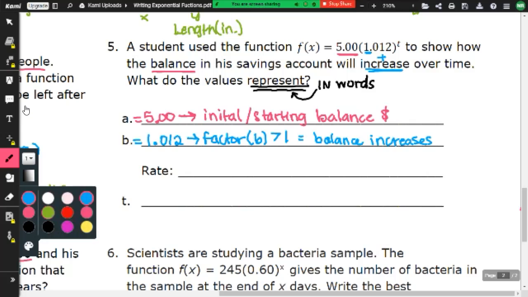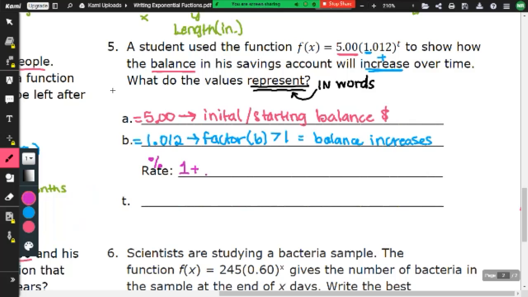Let's look at the rate. Rate has to be written as a percent. I'm not given a percent in this word problem, but I can take it from the factor. I know that we start with the number 1. 1 plus something will give me the rate, and I know my factor is 1.012.